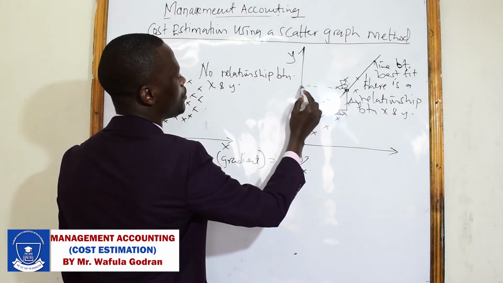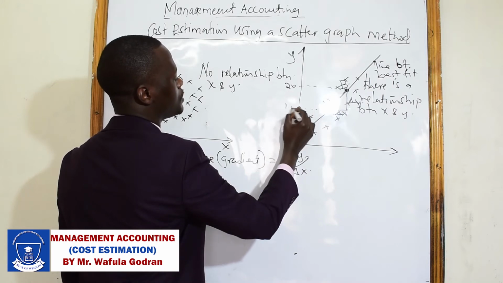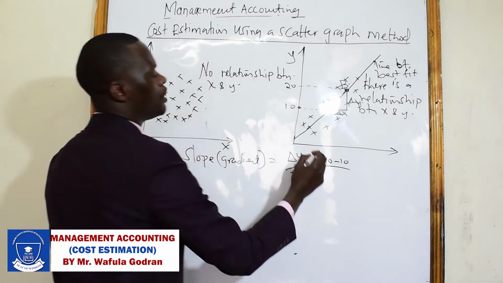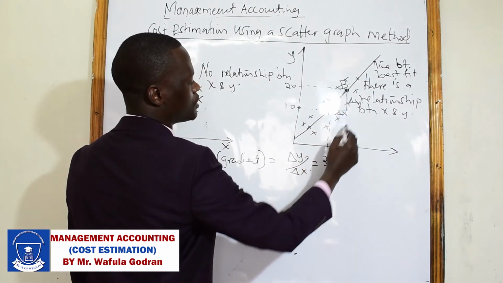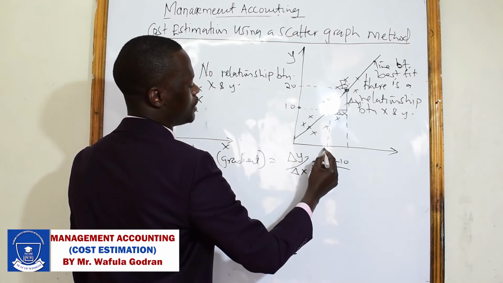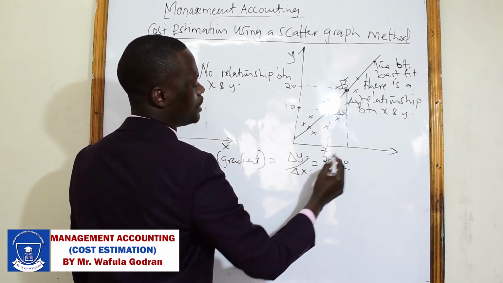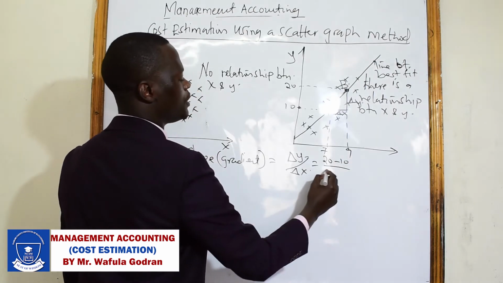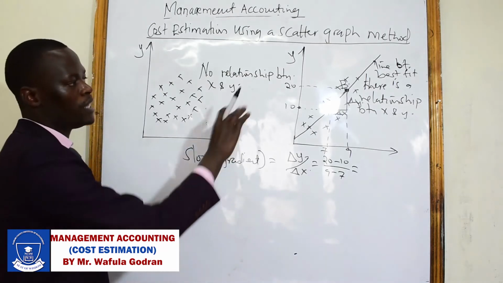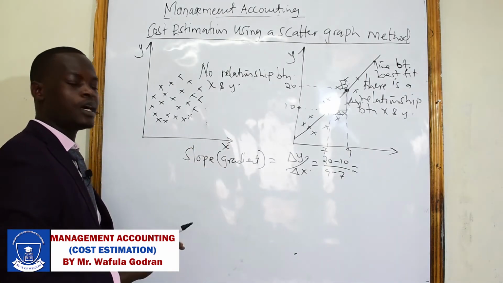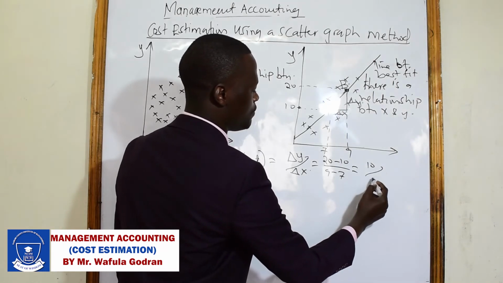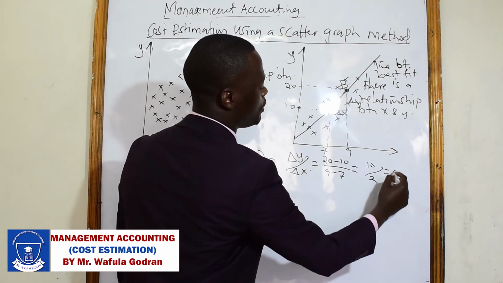Let's say this is 20 and this is 10, so that will be 20 minus 10. What about x? We pick it here, and let's say, for example, this is 7 and this is 9, so that will be 9 minus 7. So the gradient established from that scatter graph will be 10 divided by 2, and that will be 5.